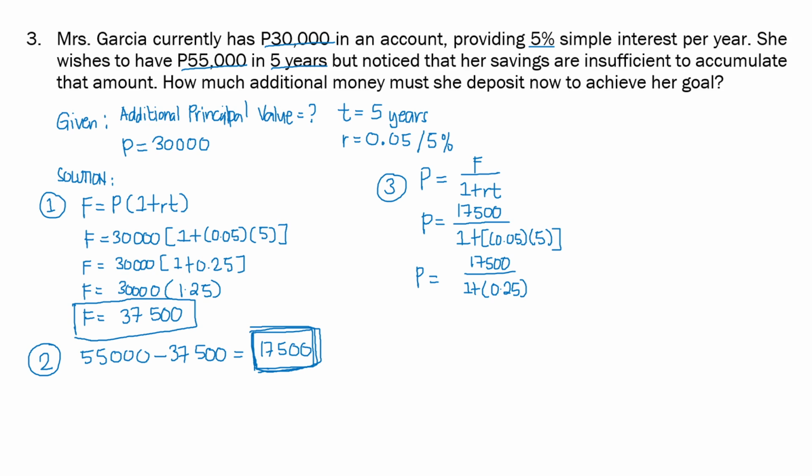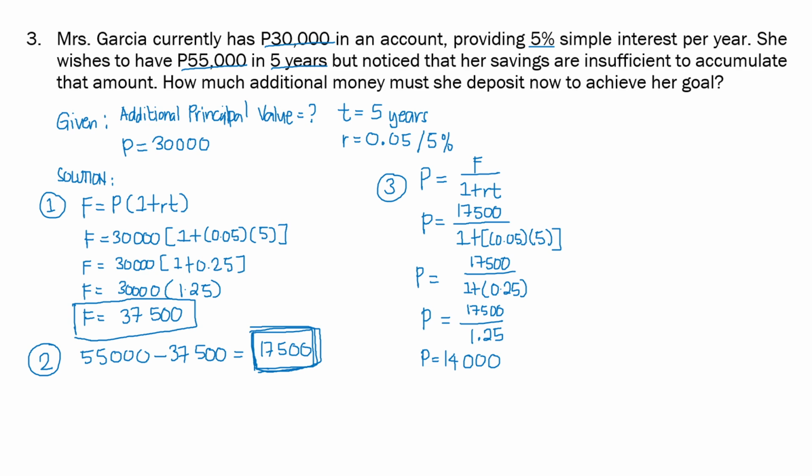Simplify the denominator, 17,500 copy. 1 plus 0.25 is 1.25. So 17,500 divided by 1.25 is 14,000.